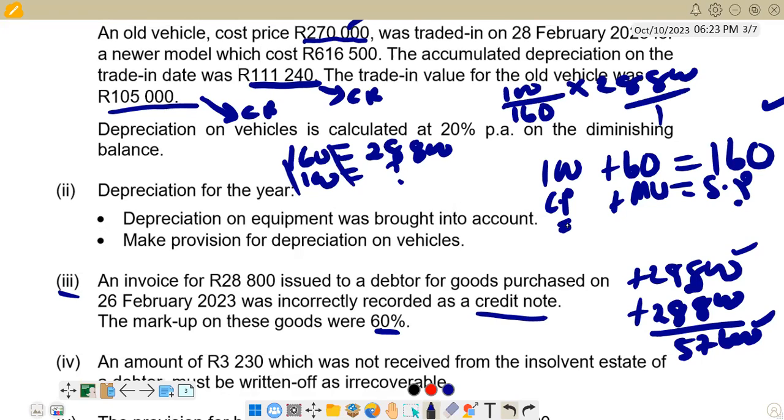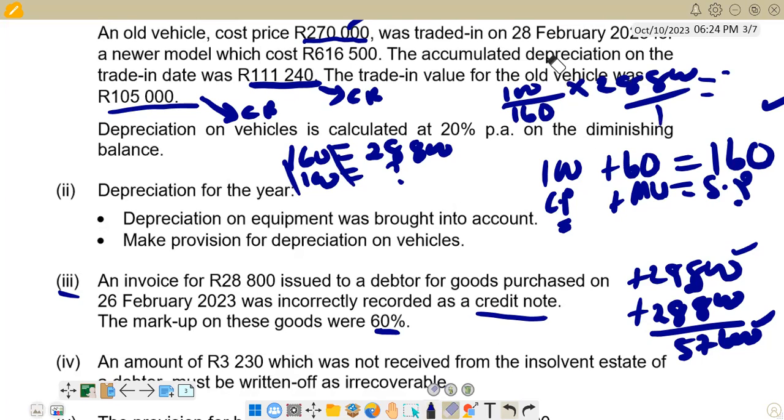So that 36,000 is going to reduce the figure for closing stock. And when the figure for closing stock is reduced, it means our cost of sales is increased. So we are going to add the figure that we got, 36,000. So we are saying 100 over 160 times, we are not going to multiply by 28,800 because, remember, we are going to have a double effect, which is 57,600.